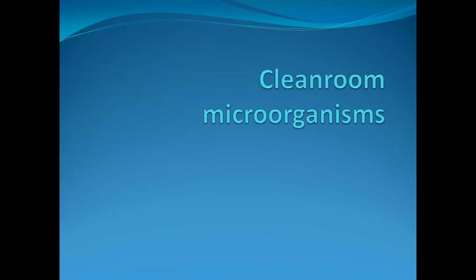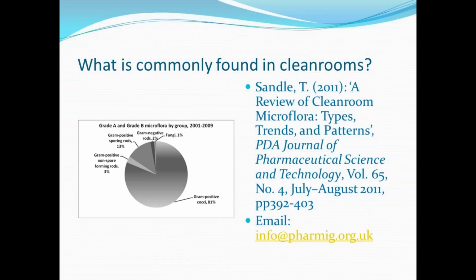Now, the ultimate test for a disinfectant is how well it performs in the field. And to know how well it's performing, you need to know what types of microorganisms you're finding in your clean room. Now, what do we expect to find in there? Well, there aren't that many studies of clean room microflora published.